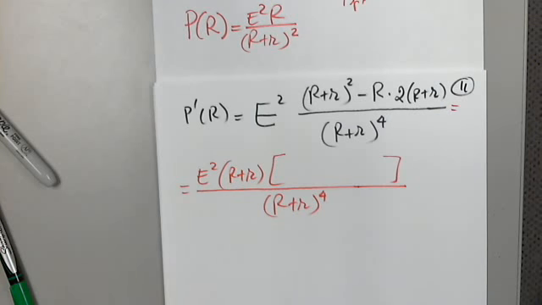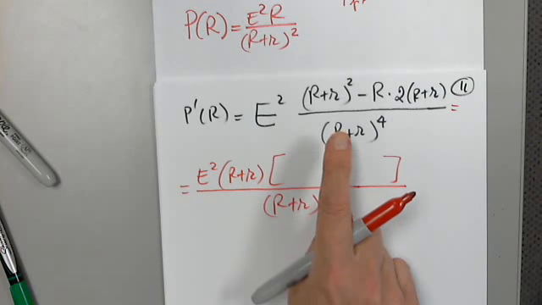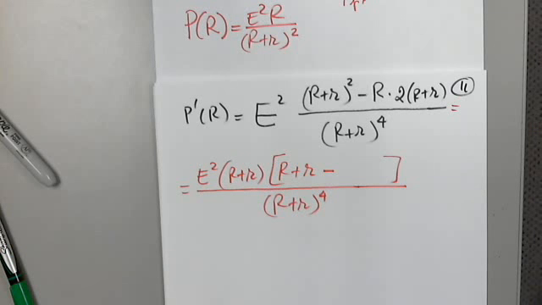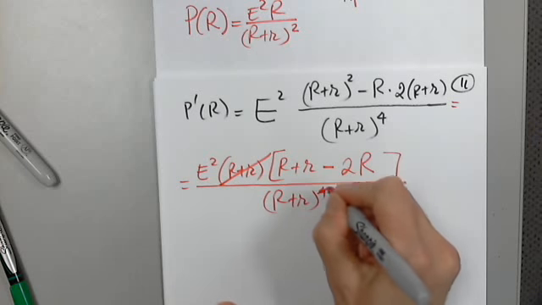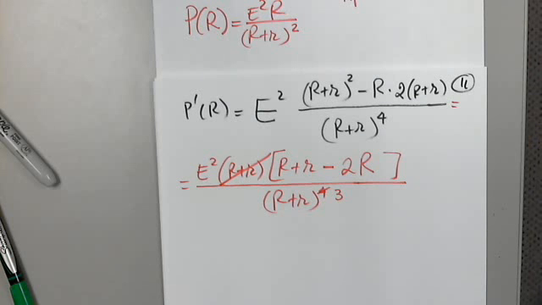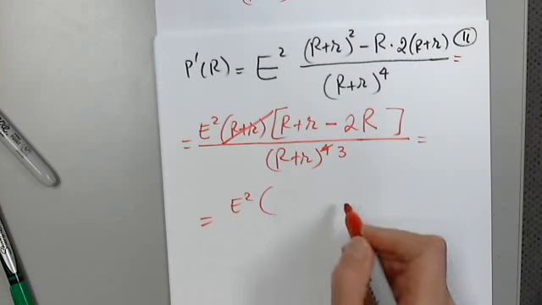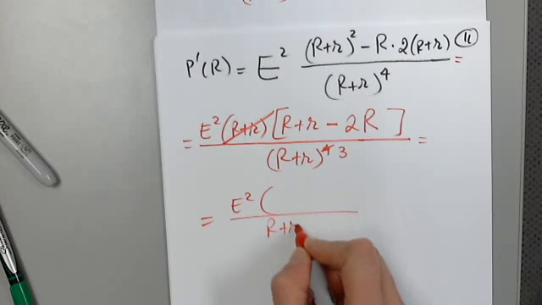What is left inside from the very first term? R plus r. Awesome. Minus? Minus 2R. Correct. Very good. Is this clear? Of course, I'm going to do this. And then the next step would be E squared, and in parentheses, what do I have?